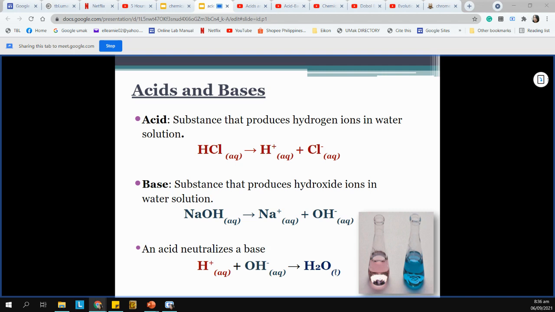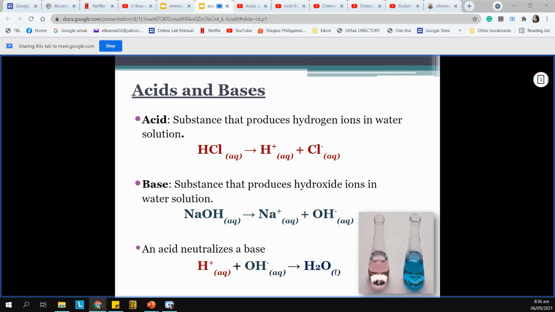Oh, okay, that's correct. So usually it has an effect in terms of taste. Acids are sour, right? Most of the acids are sour, while bases are bitter. You have also other people, Karil, and okay, that's correct.